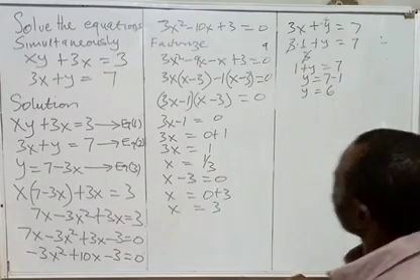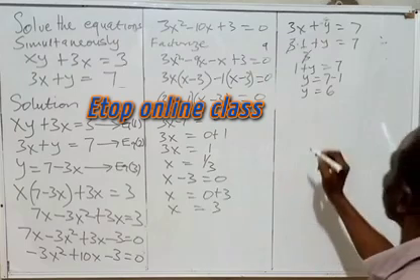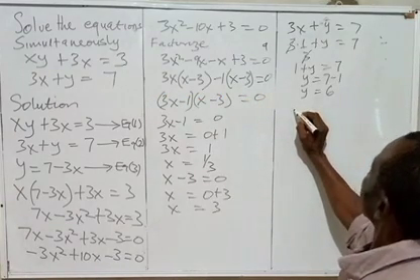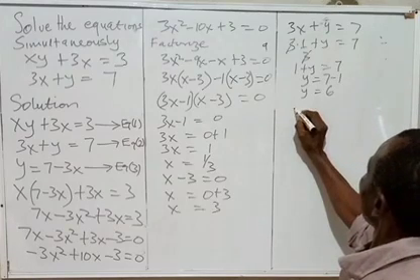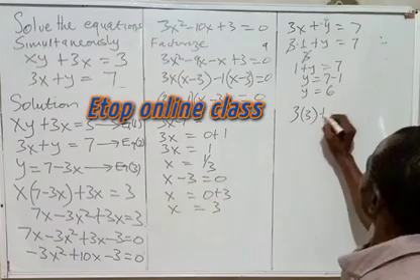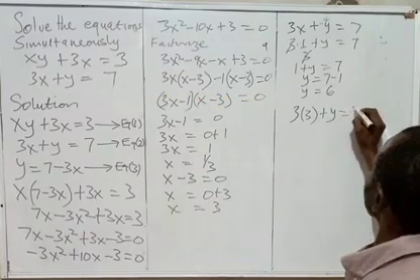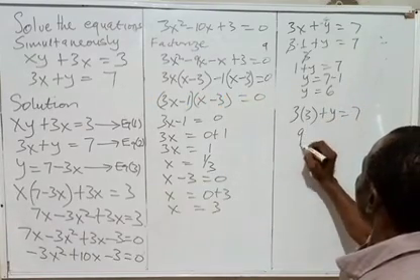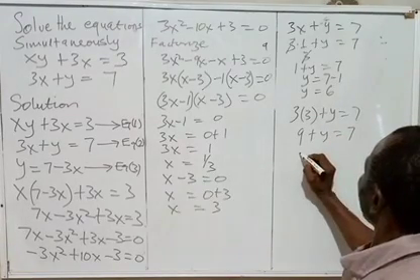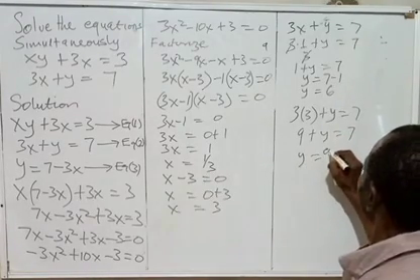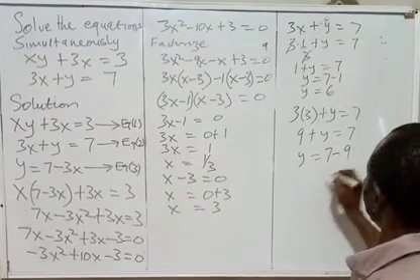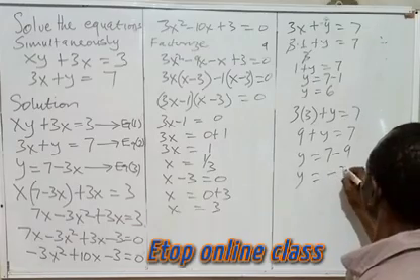Now I take the other value of x, which is 3. I substitute still into equation 2. I have 3 times 3 plus y equals 7. 3 times 3, 9. 9 plus y equals 7. Now I have y equals 7 minus 9. y equals minus 2.